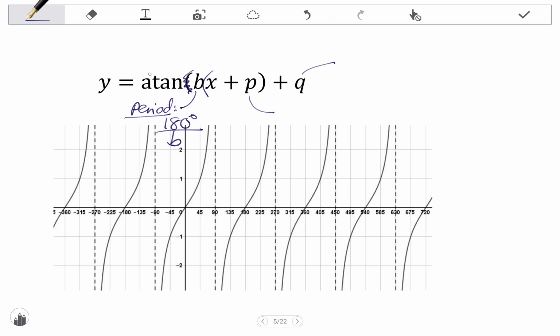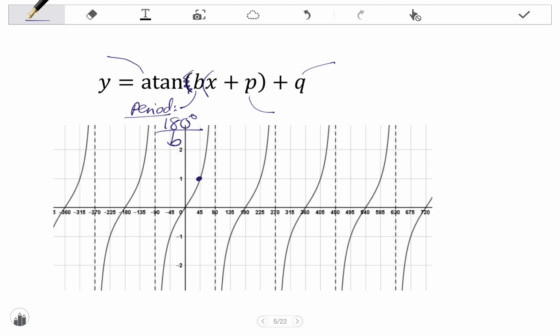So the value A tells us the distance between the midline, or the x-axis, and the graph at x equals 45 degrees.